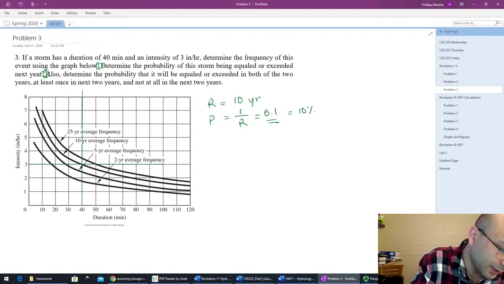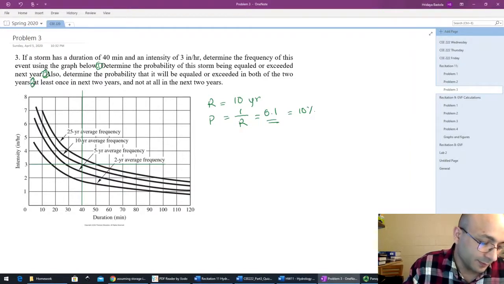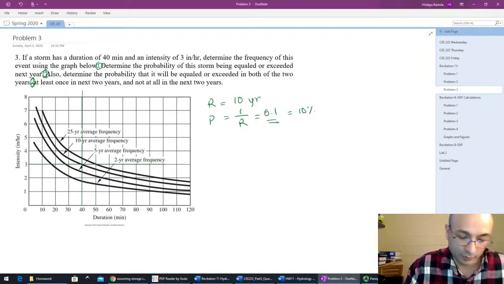The third is the probability of an event of at least that magnitude occurring at least once in the next 2 years.